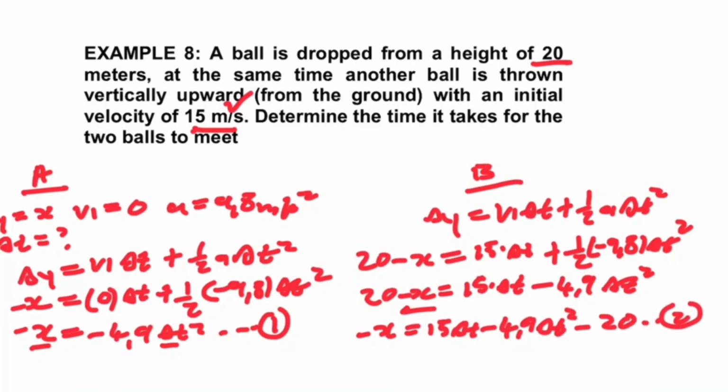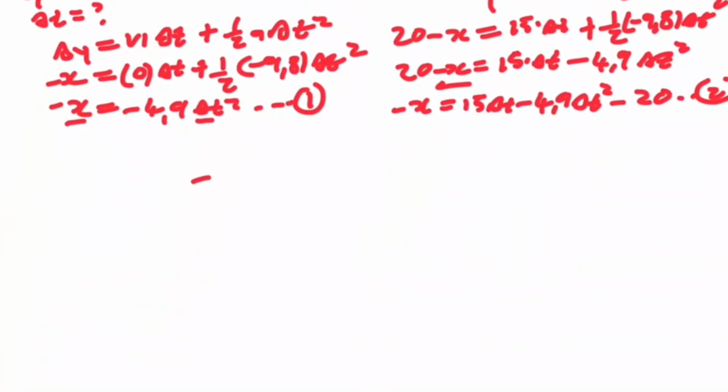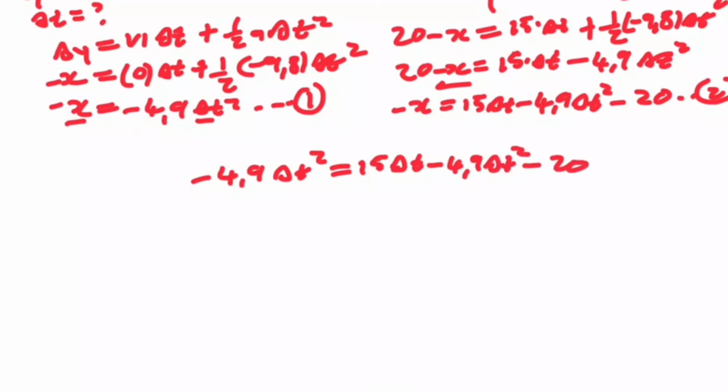We can go ahead and equate these two equations, right? If we do that, we're going to have minus 4.9 delta t squared equal to 15 delta t minus 4.9 delta t squared minus 20. If we take minus 4.9 delta t squared to the left hand side, we're going to have minus 4.9 delta t squared plus 4.9 delta t squared, which will give us 0.